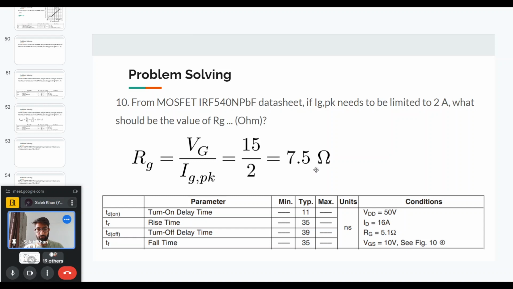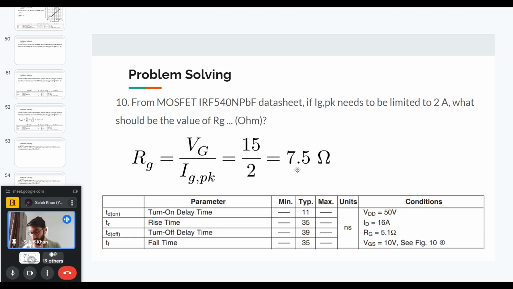So this basically means if we have a particular gate driver and the gate driver has a limited peak current rating, let's say the gate driver is limited to 2 amperes, then you will have to use a higher value of Rg so that the peak gate current is less than 2 amperes.